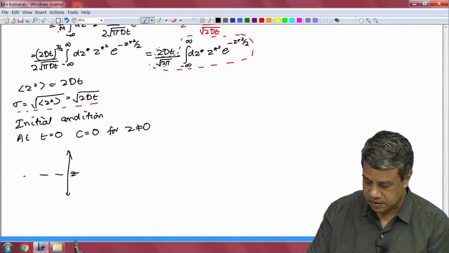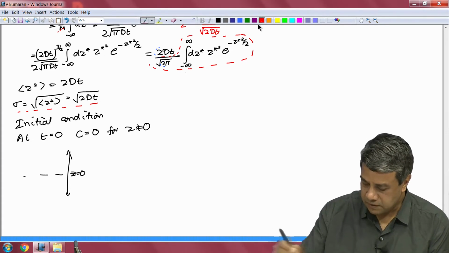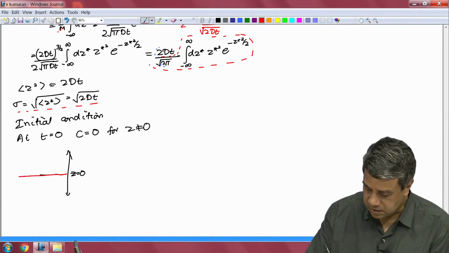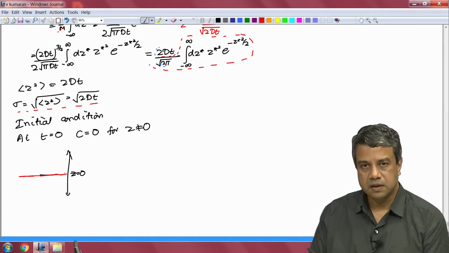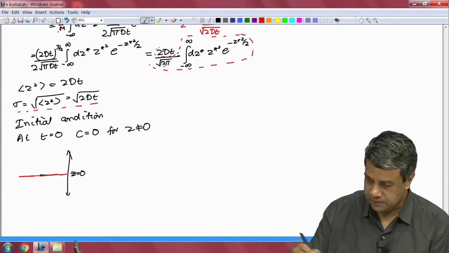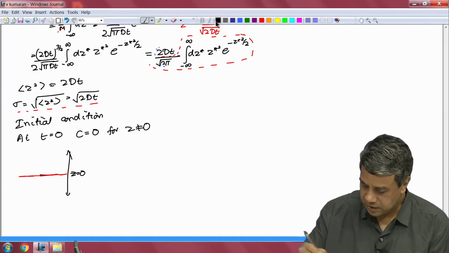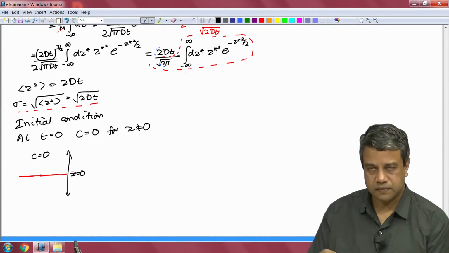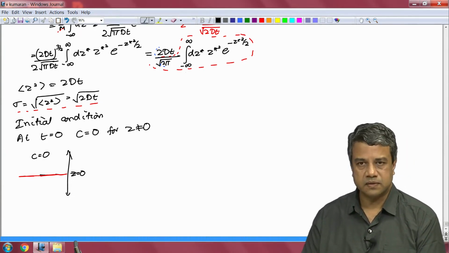So, this is the location z equal to 0, and I have injected material only at this location. For all z not equal to 0, c has to be equal to 0.